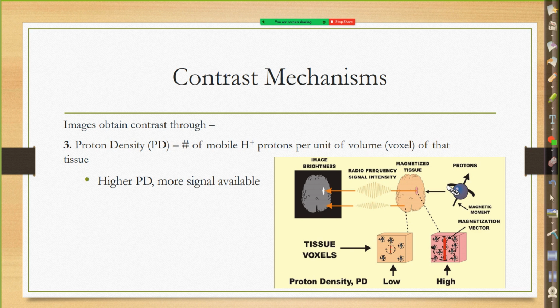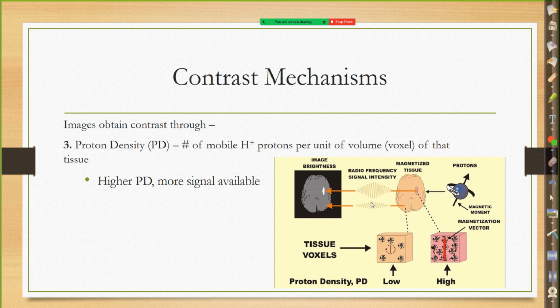And we're not thinking about two-dimensionally anymore, like in X-ray, where we're dealing with a pixel. Our unit of volume is now three-dimensionally described, so it's going to be the voxel. So number of hydrogen spins, or protons, per unit voxel of that tissue. And ultimately, if we have a higher proton density, we're going to get more signal from that tissue.